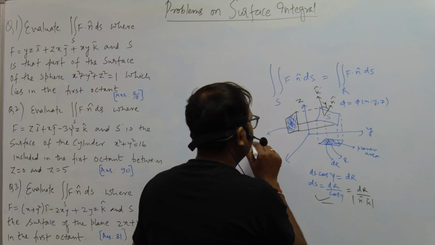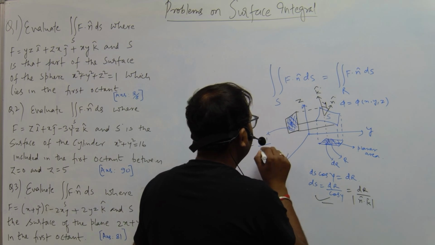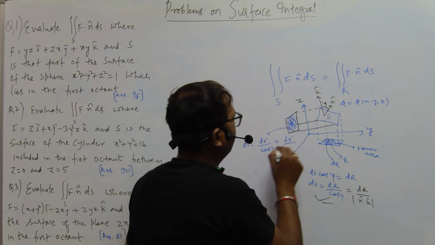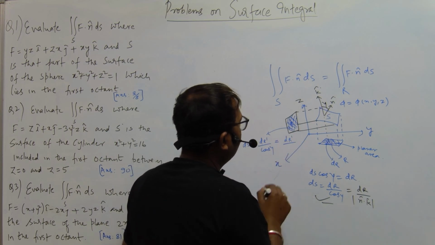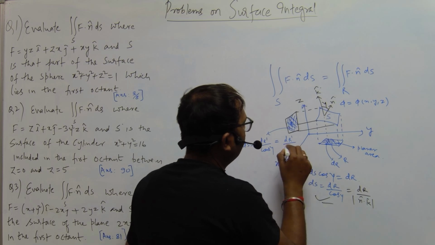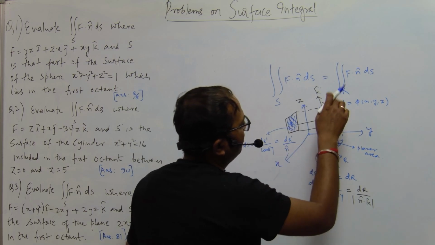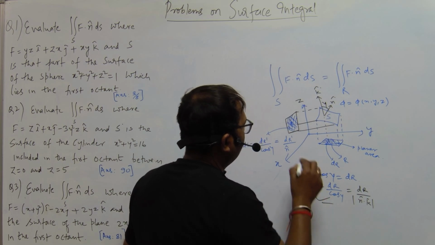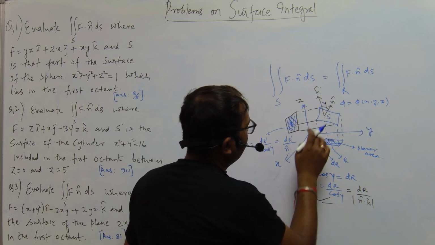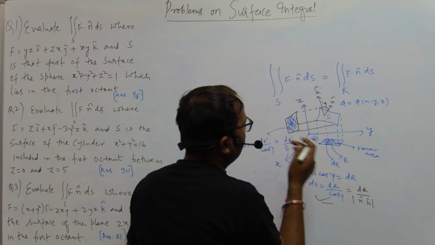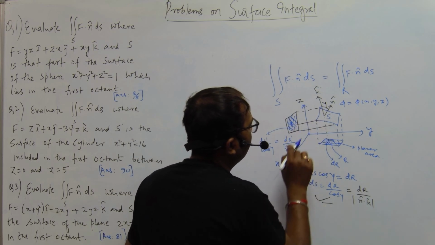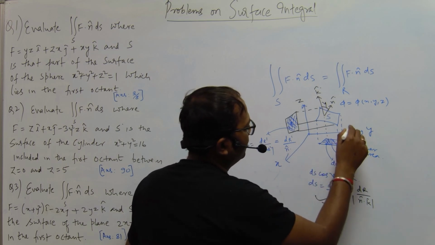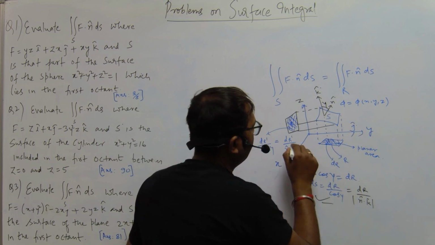We have dS is equal to dR dash upon cos gamma. This is the dot product of n cap, the unit vector perpendicular to the surface S, with the unit vector perpendicular to the xz plane, which is j cap. So dS is dR dash upon n cap dot j cap.